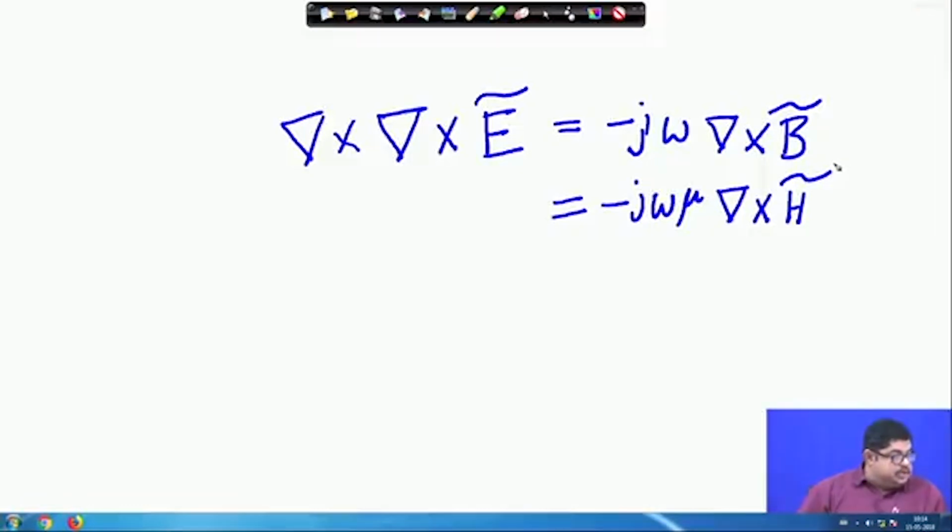Then del cross H was there in the second Maxwell's equation.